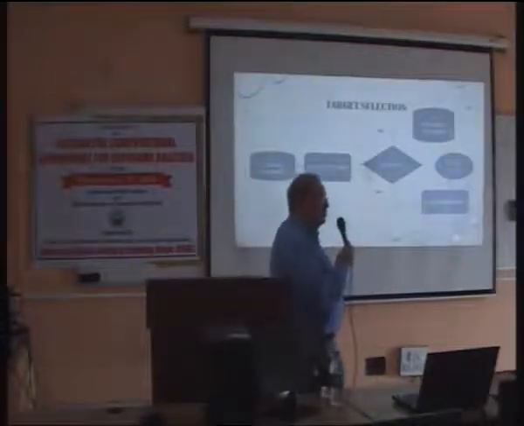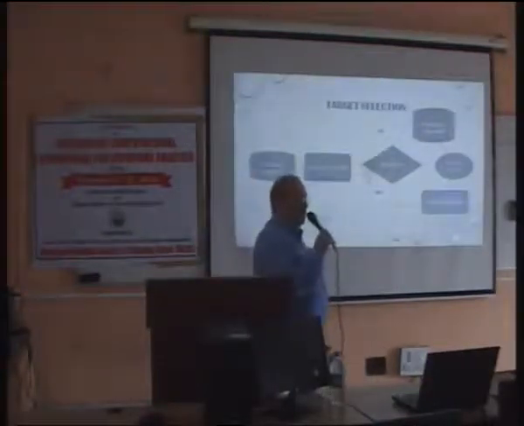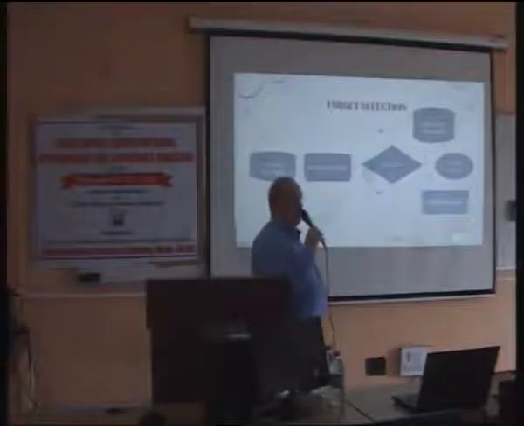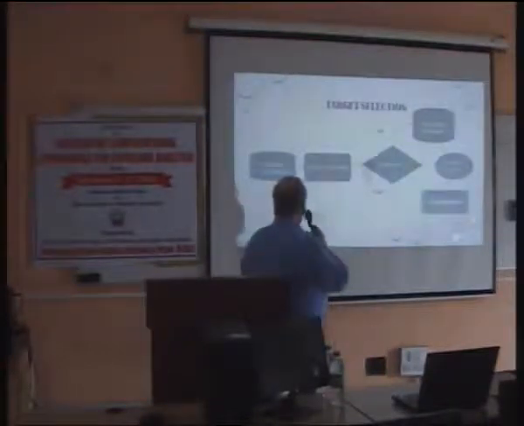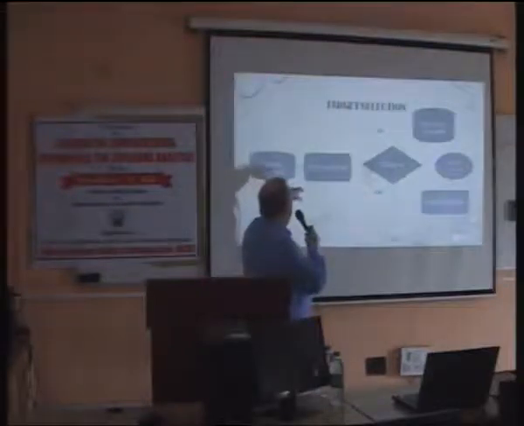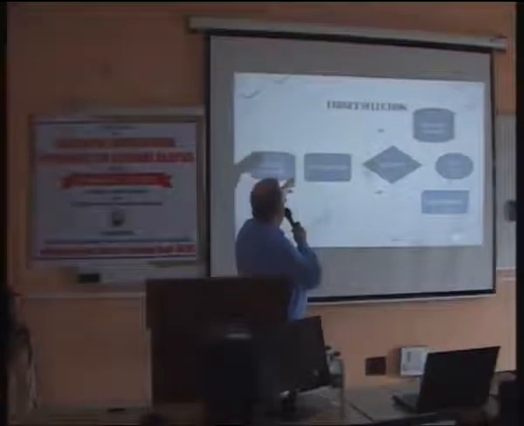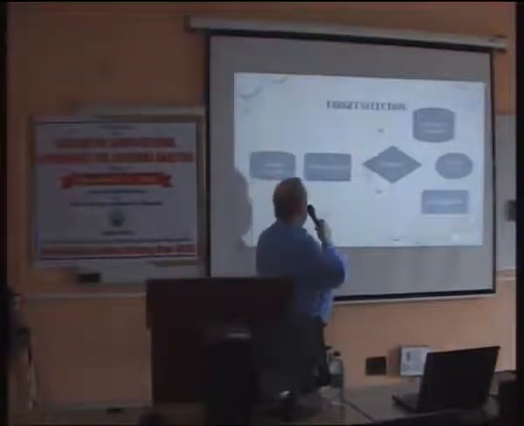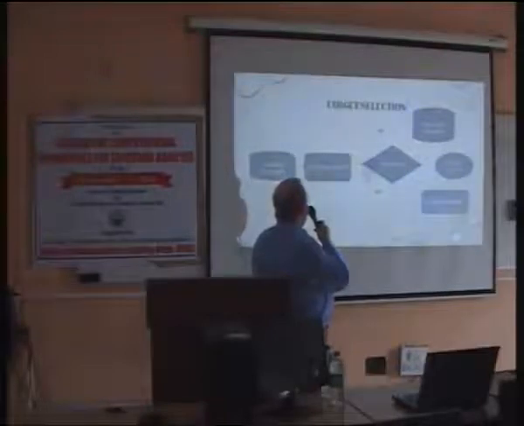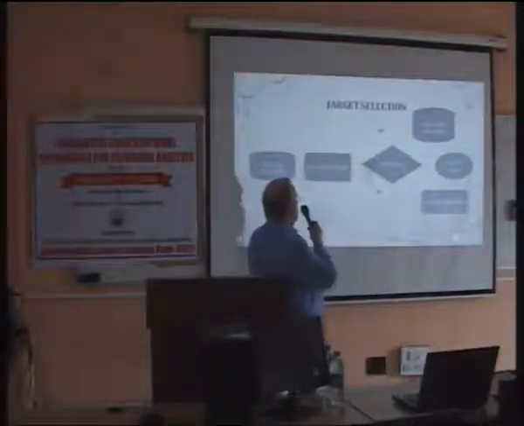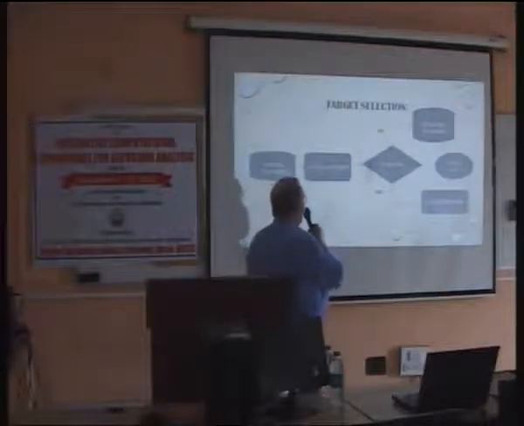A target can be a protein or a nucleic acid. The chemical database sometimes allows you to obtain the molecular target information. If the molecular target is available, you can go directly to the structural database.